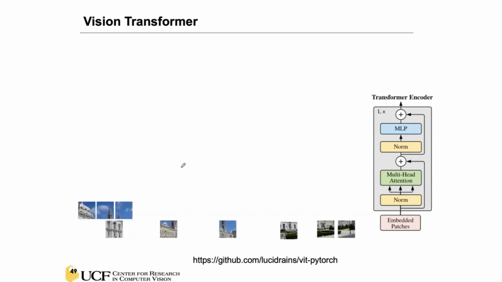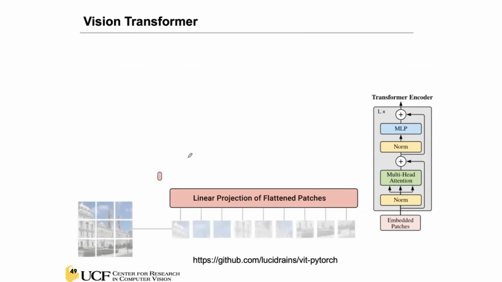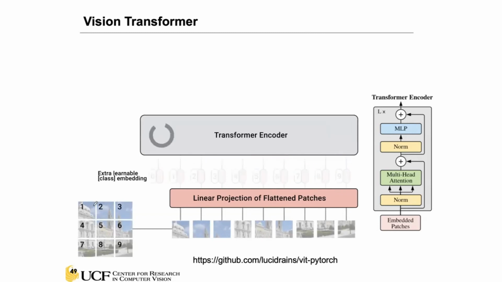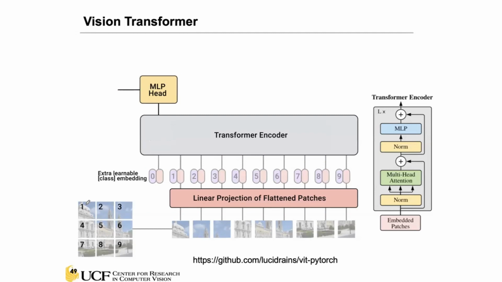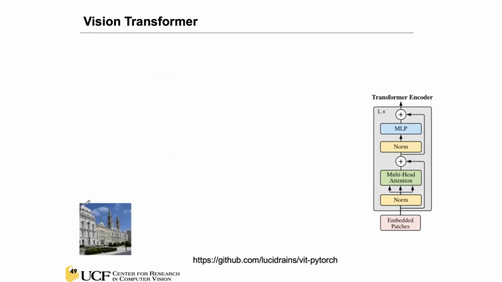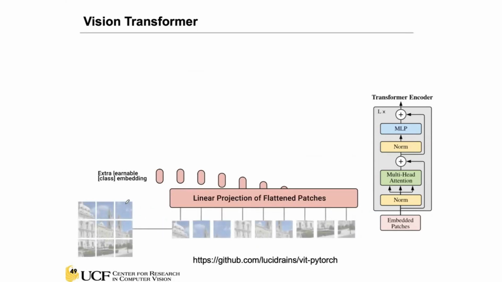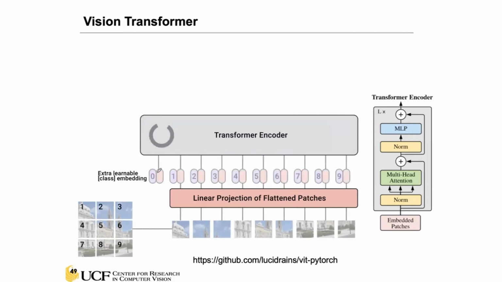Like I mentioned, the naive way to apply a transformer is, for an image, we can consider each pixel as a word. For a simple case, if you have a 200 by 200 image, then you have a sequence of length 40,000.